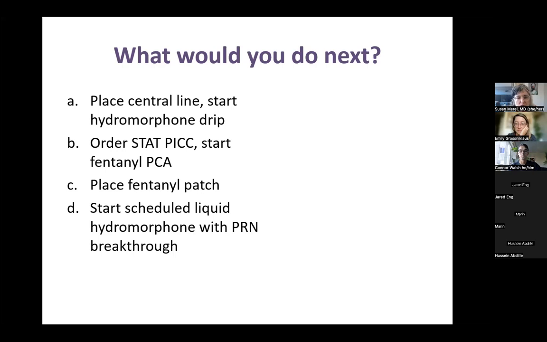Great. Okay. So most of you chose what I think is the best answer here, which is starting scheduled liquid hydromorphone with some breakthrough as needed.